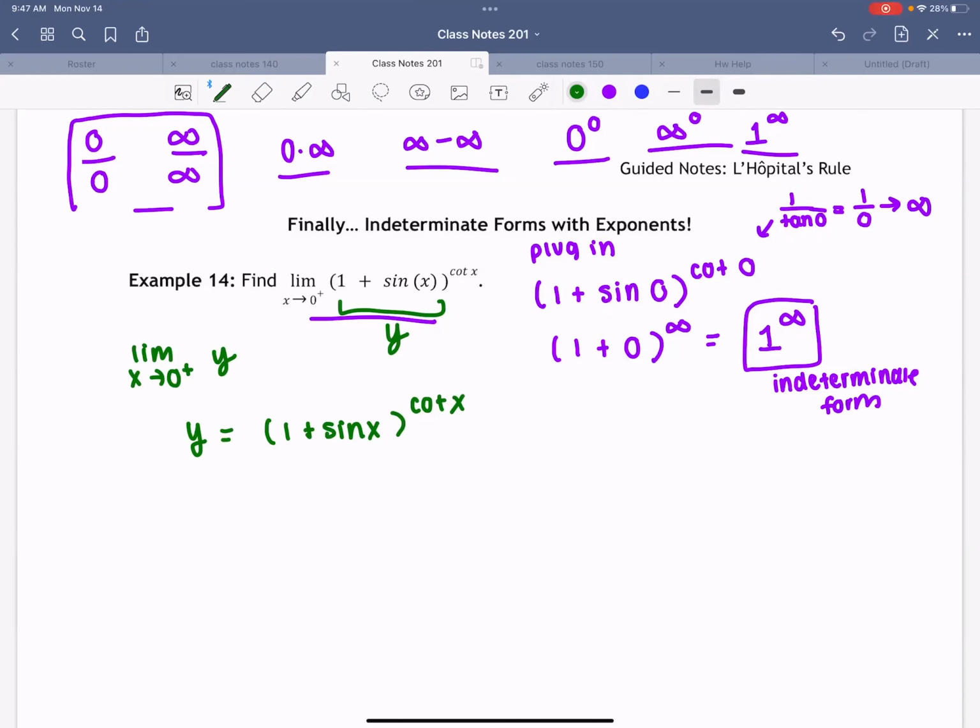Now, does anyone remember how to make an exponent kind of not an exponent? All right, I'm going to do something weird. I'm going to take the natural log of both sides. So the natural log of y is the natural log of 1 plus sine of x to the cotangent of x.